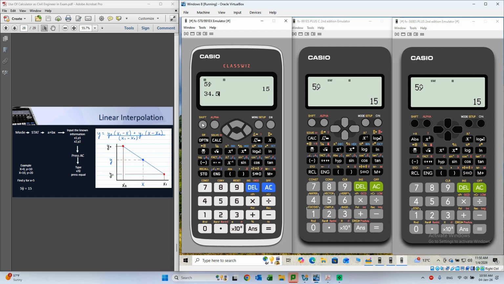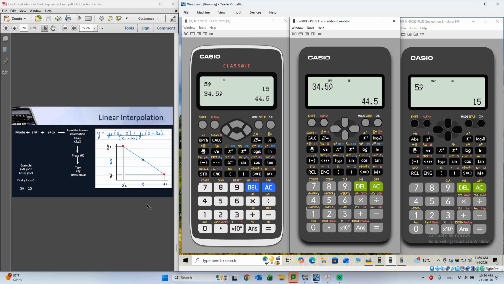Then I go into option, then we go down, we have regression here, then I put number 5 here. I say equal, it gives me the answer. Here if I do 34.5, shift 1, 5, 5, I'm getting the same answer, which is supposed to be.